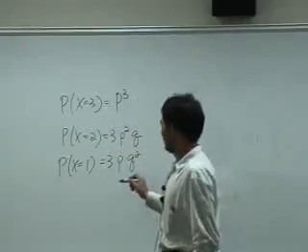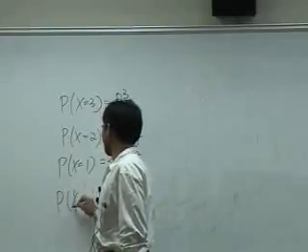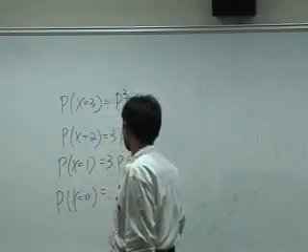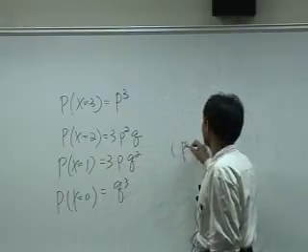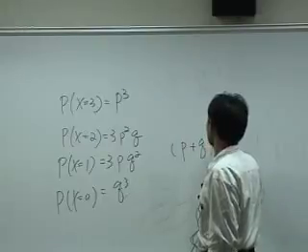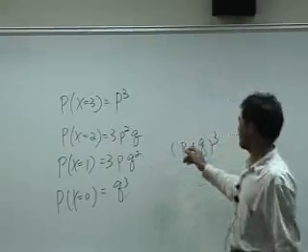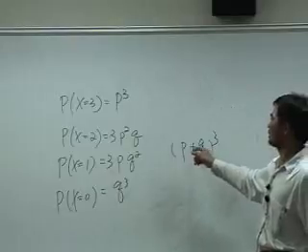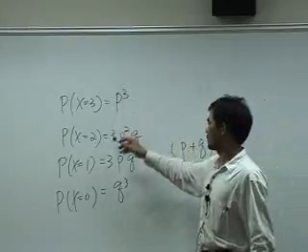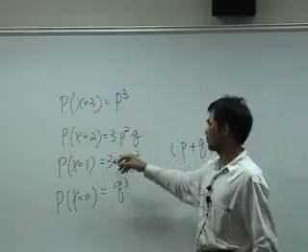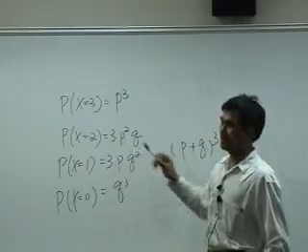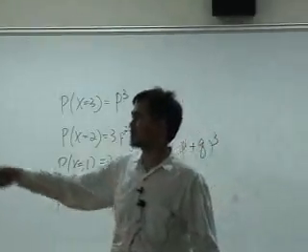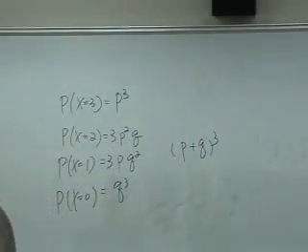And P(X=0) is equal to q to the 3rd power. And then what you get is p plus q to the 3rd power. If you expand this, you get p to the 3rd power plus 3p squared q plus 3p q squared, plus q to the 3rd power. So basically, this is what you get if you do this kind of experiment 3 times.